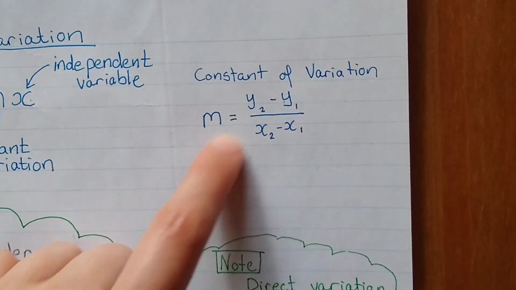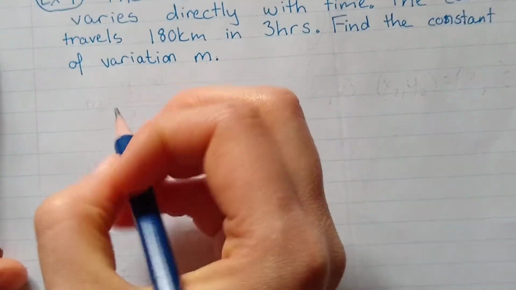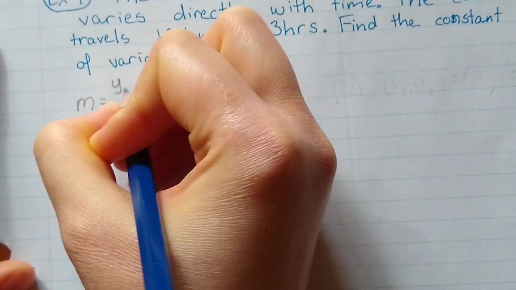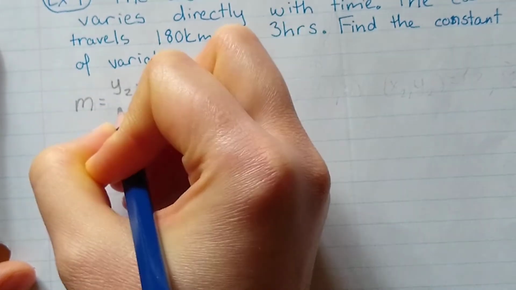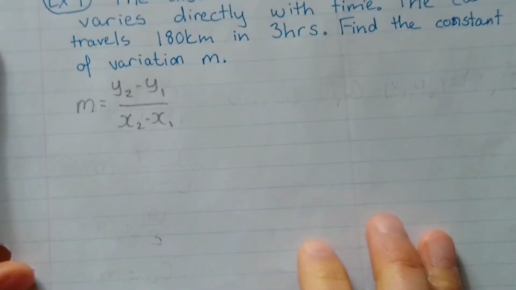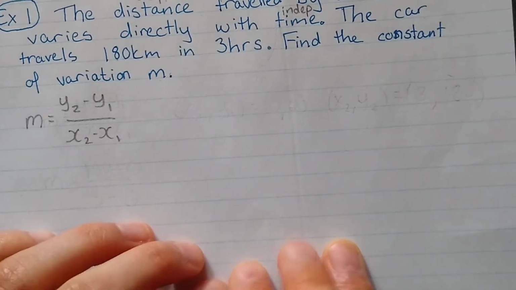So at the beginning we talked about this formula for the constant of variation. We're going to go ahead and use that so that we can find m. So m equals y2 minus y1 over x2 minus x1. Before we can solve this, we need to find our 2 points.